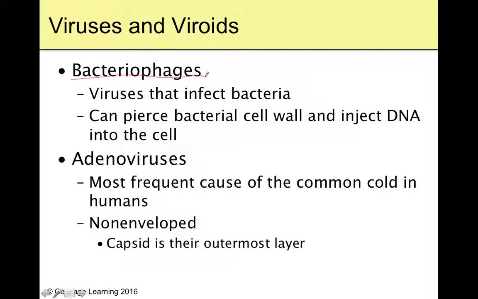Phage is like to eat, so the bacteria eater, the bacteria killer, is a bacteriophage. That's a virus. And they will pierce the bacterial cell wall and the cell membrane, of course, and just inject their DNA into the cell. They have a really cool structure with like little landing legs and like this needle thing in the middle that stabs the bacterium.